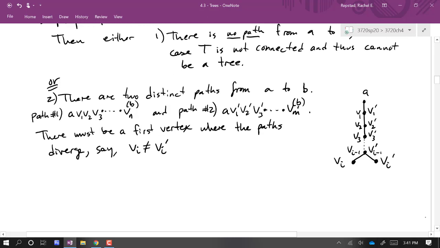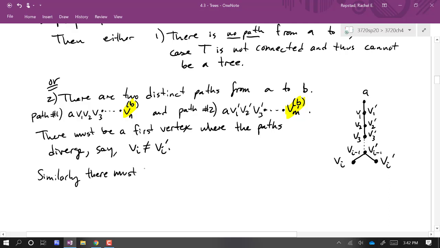But look, they end at the same vertex, right? They both end at B. So similarly, there has to be a vertex where the paths converge again. The next time they converge could be at the vertex B, but it could be earlier.